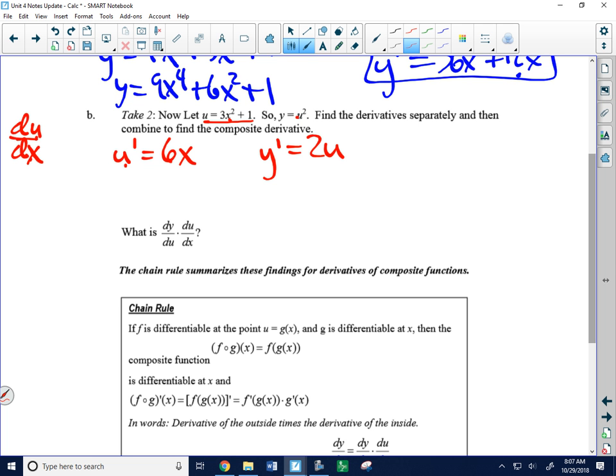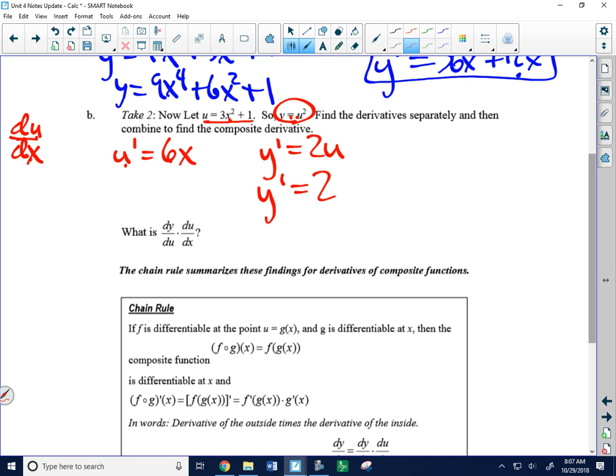Okay, and here's what the chain rule says. It says the overall derivative, which really was this one, right? Well, my function was y. Y equals something squared, 3x squared plus 1. My overall derivative is going to follow this one right here. So I'm going to get y prime, my overall derivative.